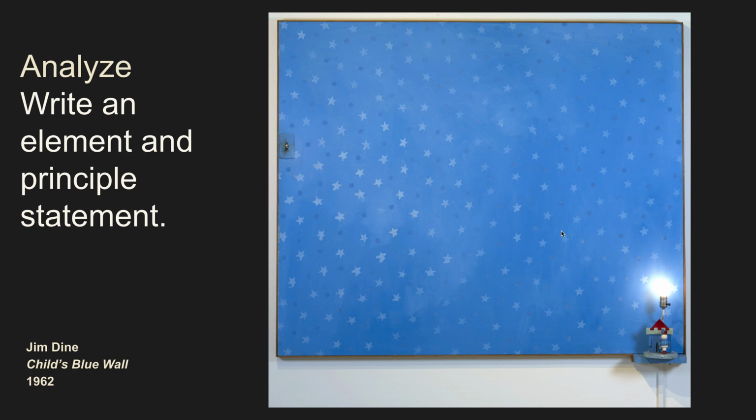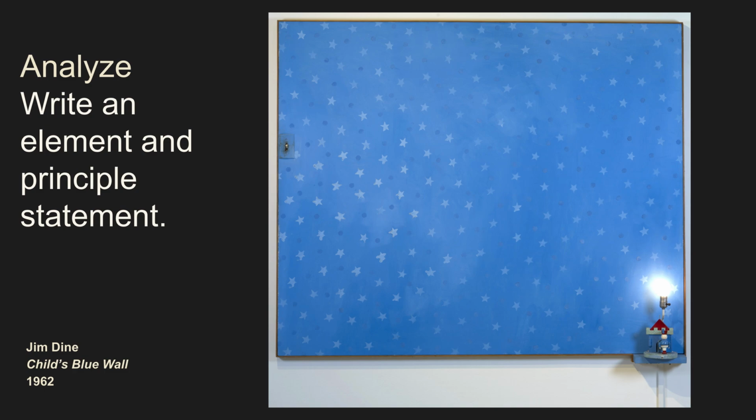I also do think that it uses pattern with the pattern of this kind of wallpaper almost. But I'm going to choose one. I'm going to choose unity because I feel like I can write about that better. So first step, pick a principle, and then go ahead and tell me what our second step is.